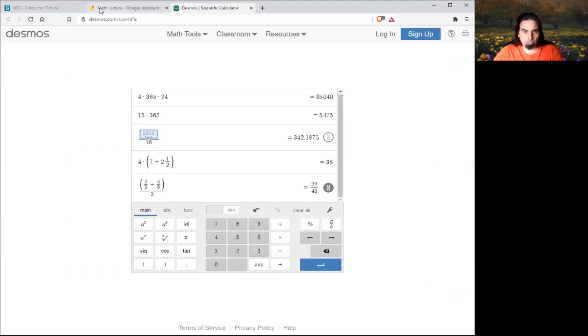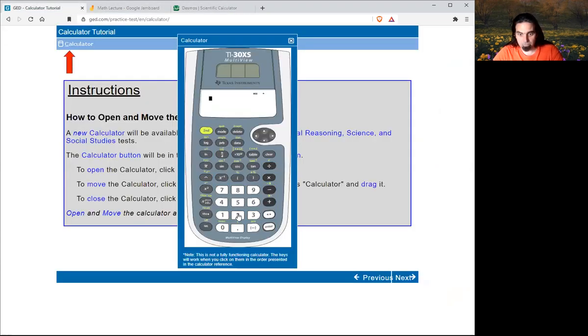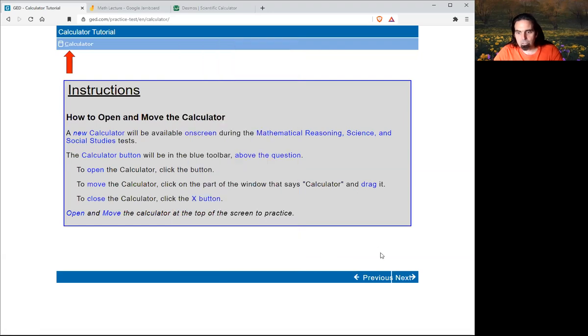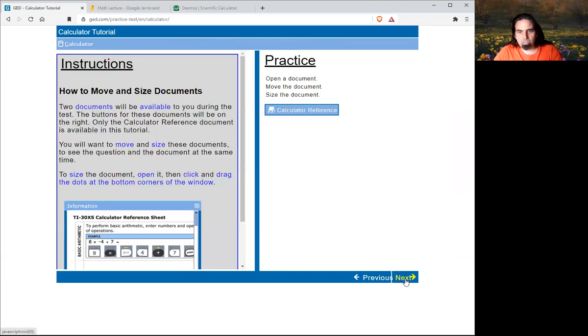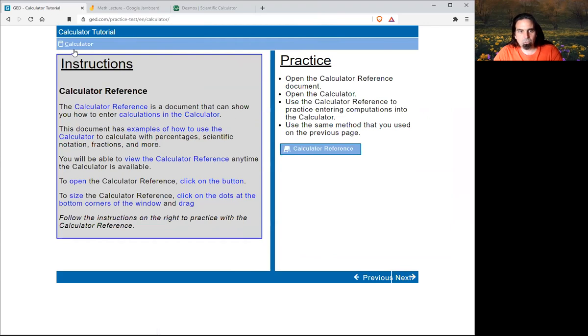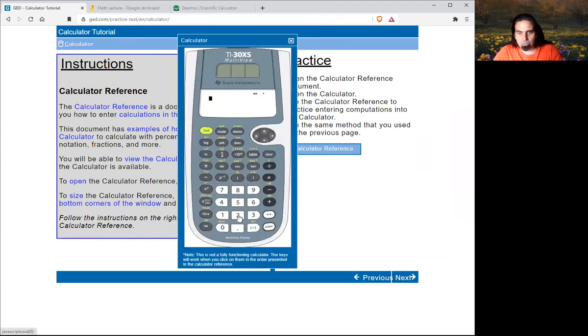So 2/3 plus 4/5. Is it not letting me click? Oh, I see. They're wanting you to actually move along to where it wants you to test it. Okay.